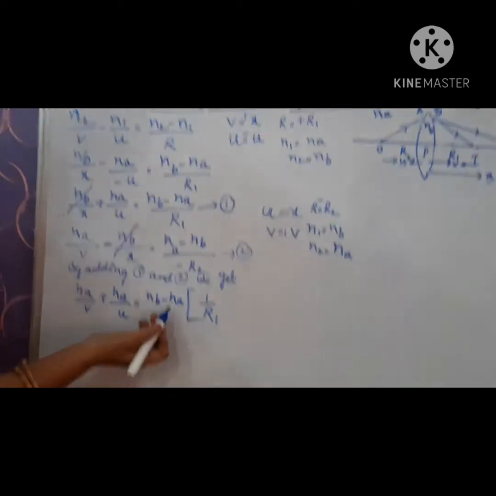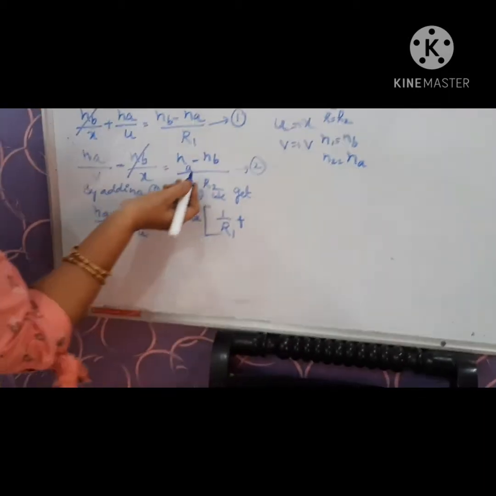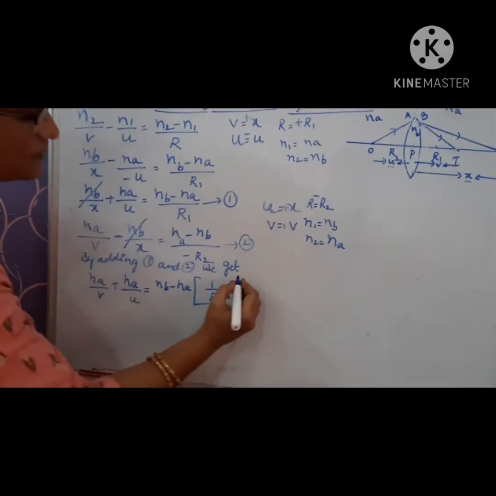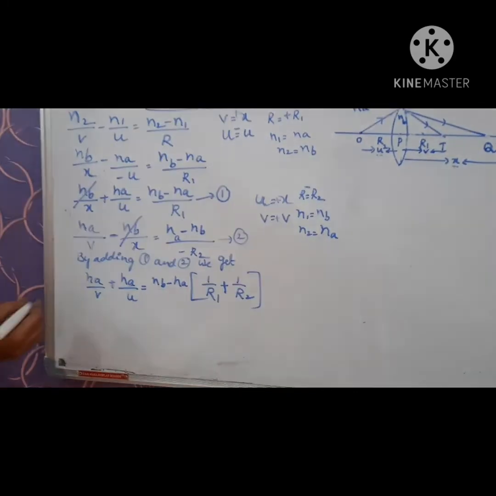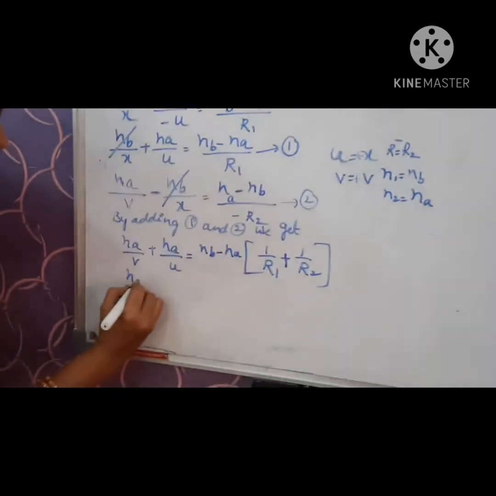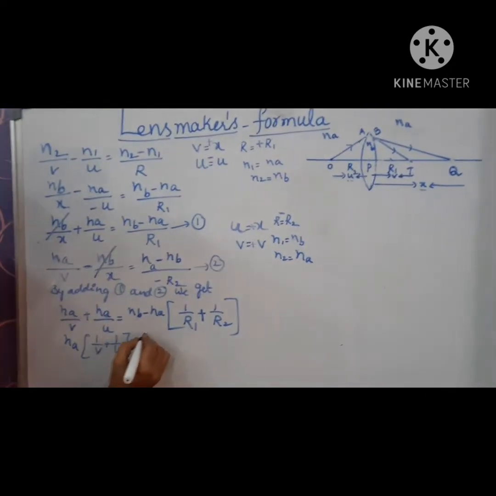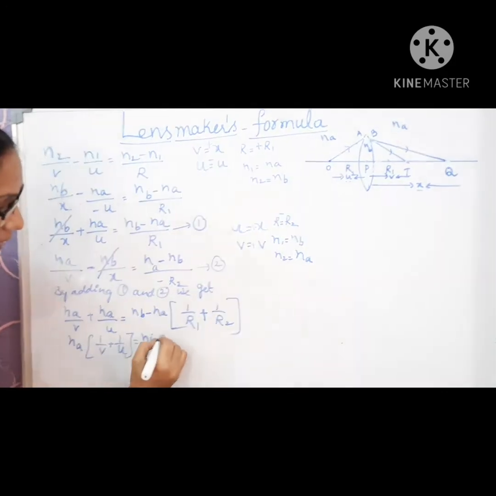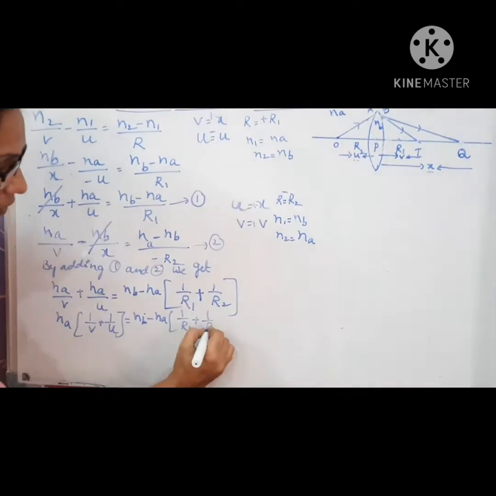Here the order is reversed, so we have taken it as a positive, minus, so again minus into minus plus 1 by R2. And here also we can take Na as common: 1 by V plus 1 by U is equal to Nb minus Na into 1 by R1 plus 1 by R2.